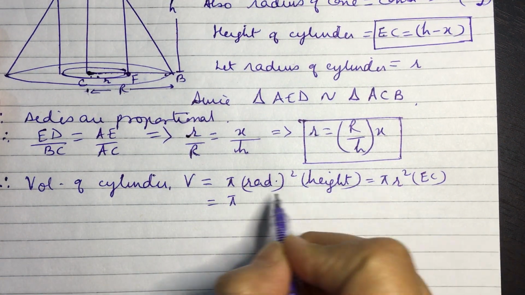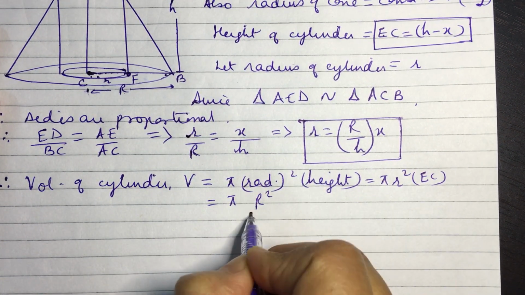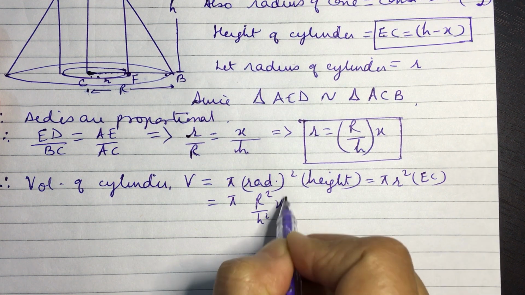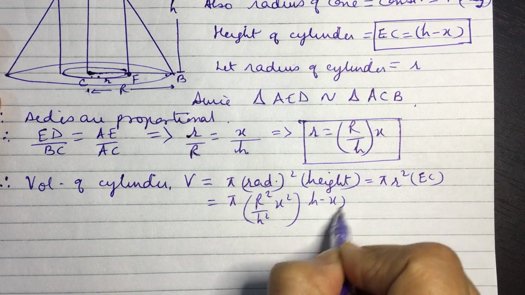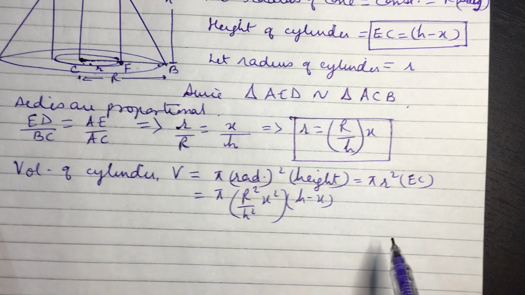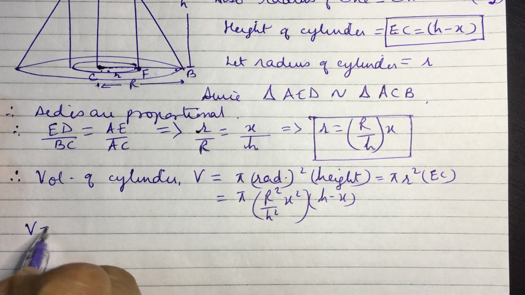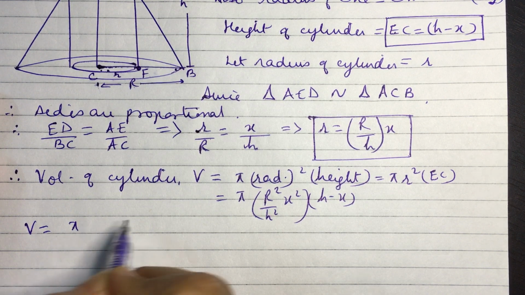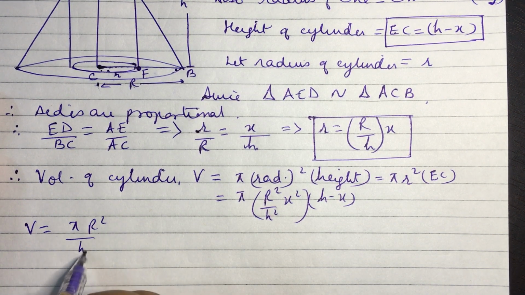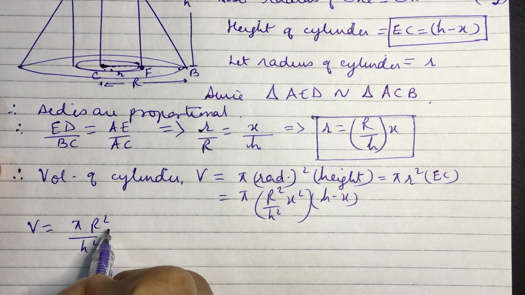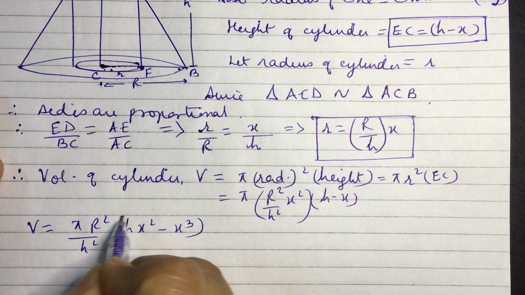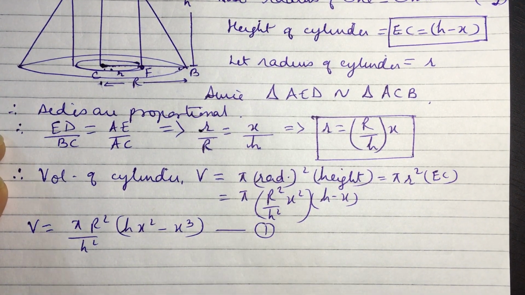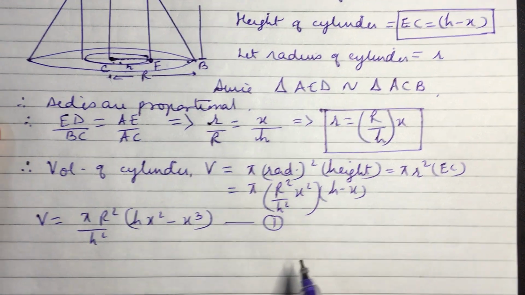So r squared would be R squared over h squared into x squared, and EC is h minus x. Now let's solve it. So we get V is equal to pi R square over h square, this is all constant, into h x square minus x cube. Call it equation number 1 and this has to be maximized.